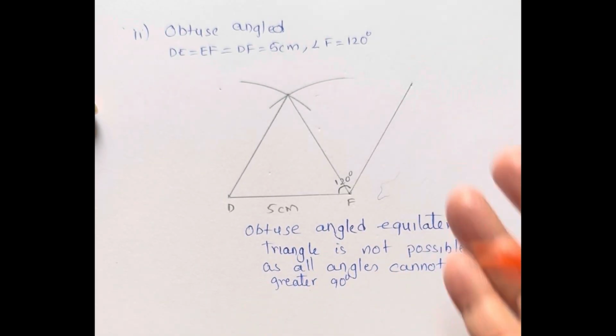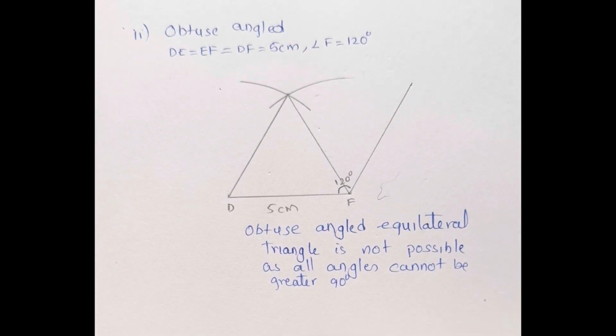It cannot be 90 degree, then how can it be greater than 90 degree, right? What we have taken is 120, so 120 plus 120 plus 120 will become 360 degree. Three twelves are 36, right? So which is not possible in a triangle, right? So this is the first part of question number 4.